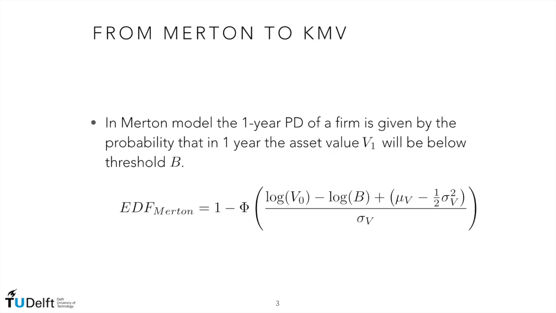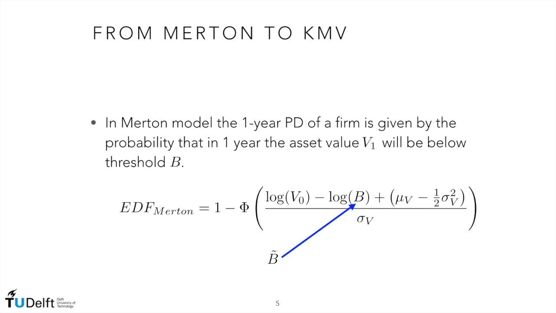We can use Merton's model in order to understand the most important characteristics of Moody's KMV. First of all, let's define the EDF according to Merton's model. This is the probability of default within 1 year. So in order to obtain this, we can start from the quantity we know. We set capital T equal to 1, so you see T disappears from the equation, and then we use the symmetry property of the normal distribution so that we can express our probability in terms of survival function.